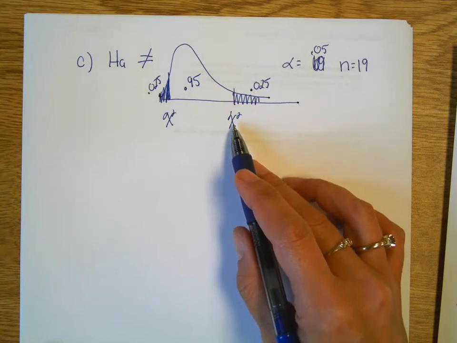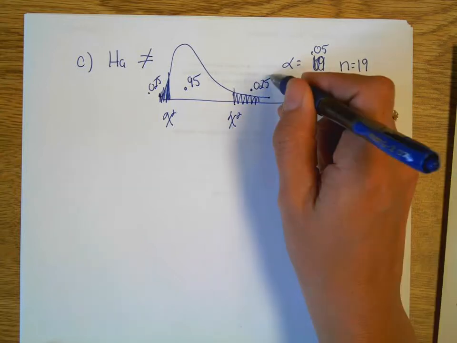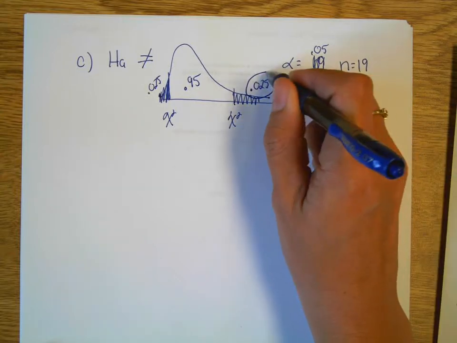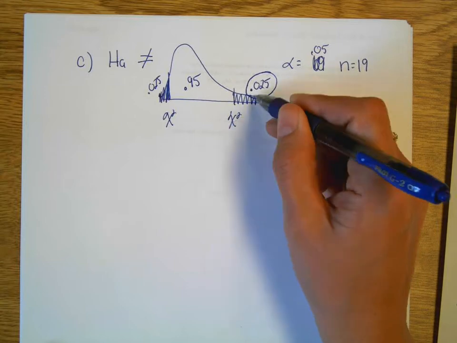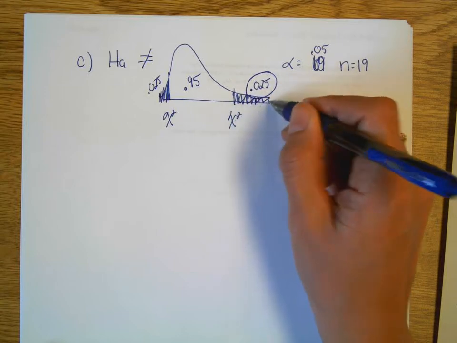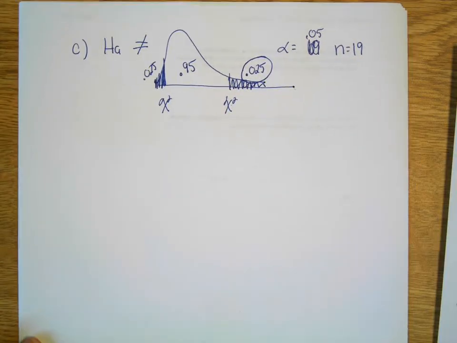Well, I'm finding this one first. This one is just the 0.025 because that's the total to the right. And then the next one I'm going to do what you were doing. So 18 degrees of freedom. And then over to the 0.025, what are you coming up with?